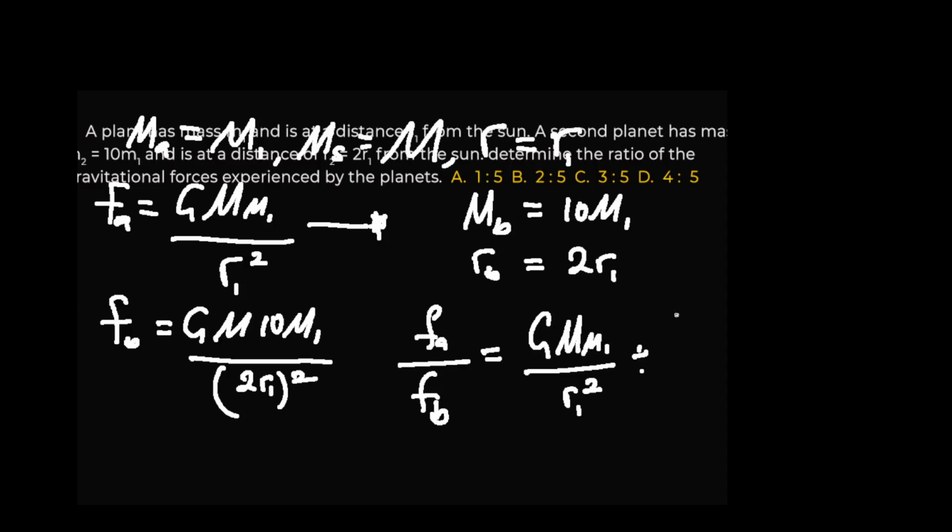Let me just put the 10 outside. So that will be 10GM M1 divided by 4R1 squared.